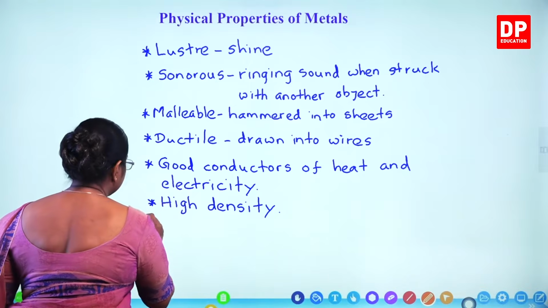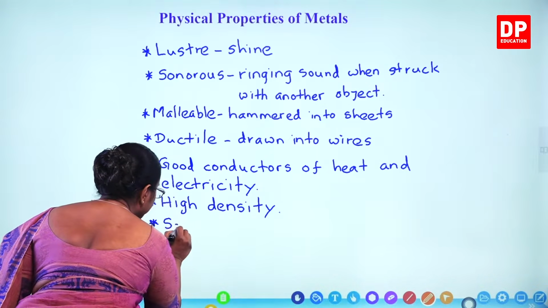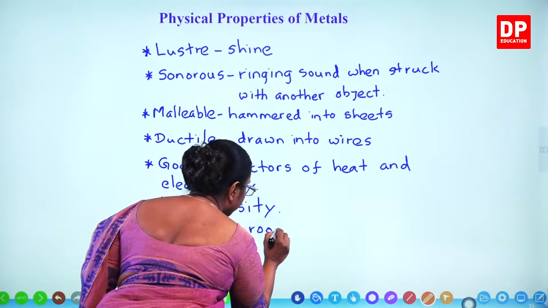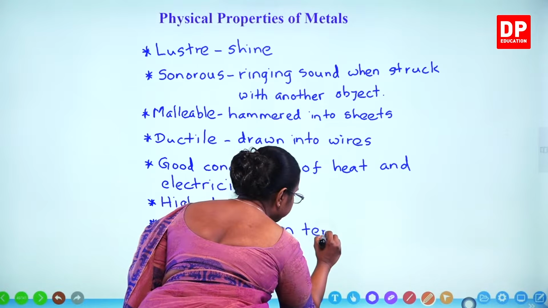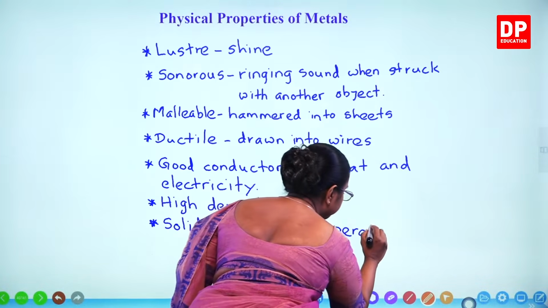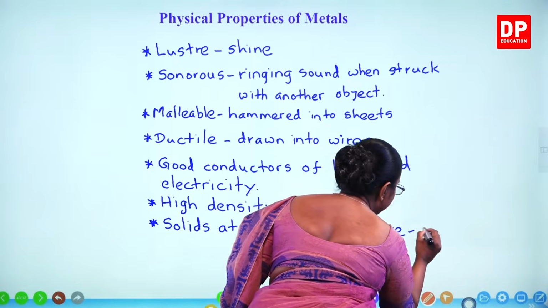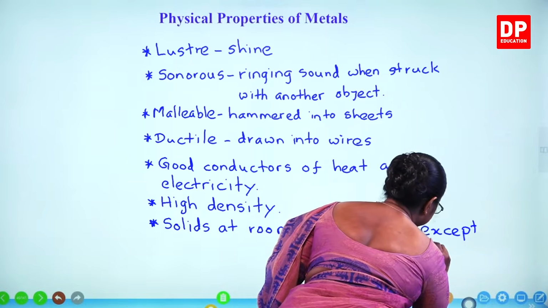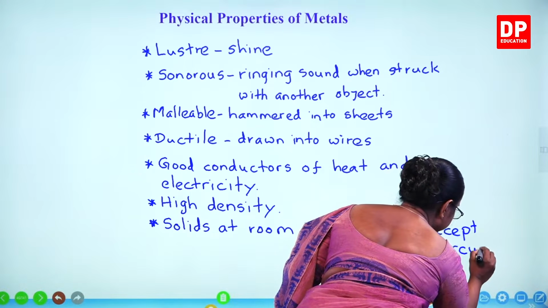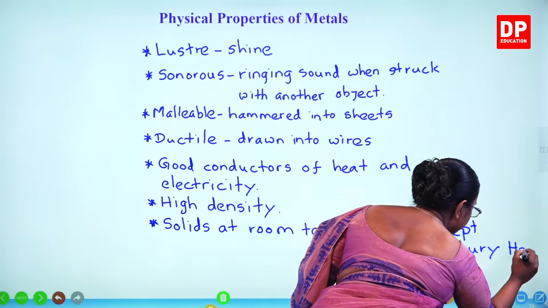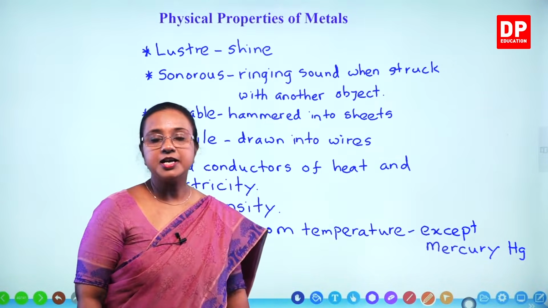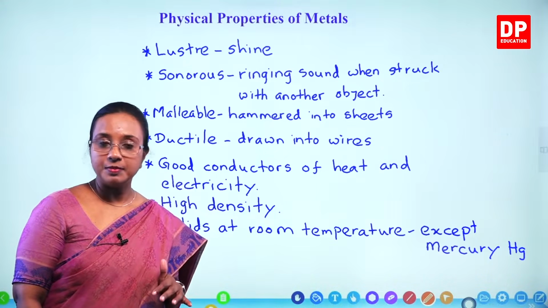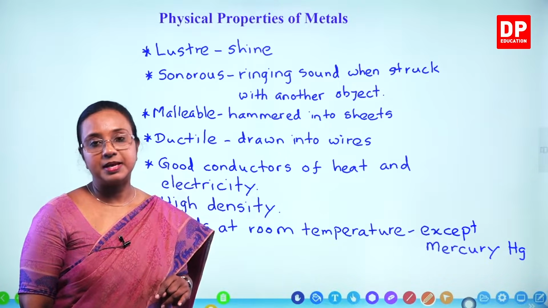So normally they are solids at room temperature, except mercury. And the symbol for mercury is Hg, hydrargyrum. So these are some of the common physical properties of metals.